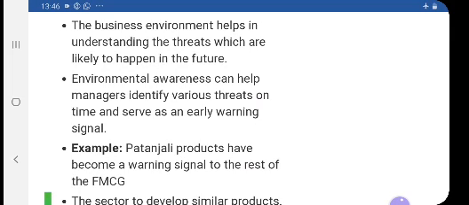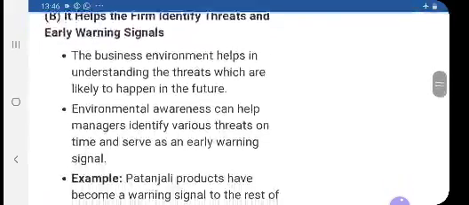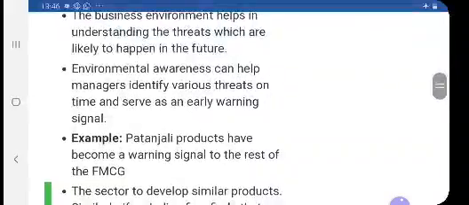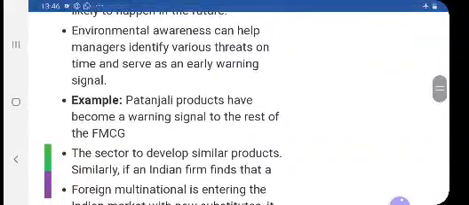That is the social environment: nowadays people are more concerned about health, so they prefer all herbal and natural products, and they are avoiding cosmetics.